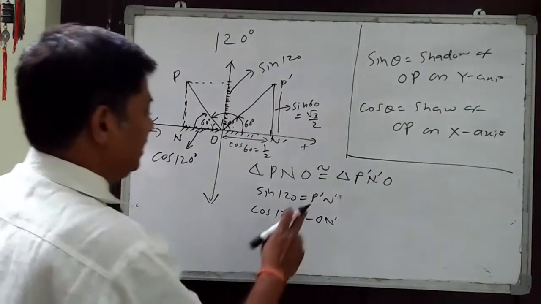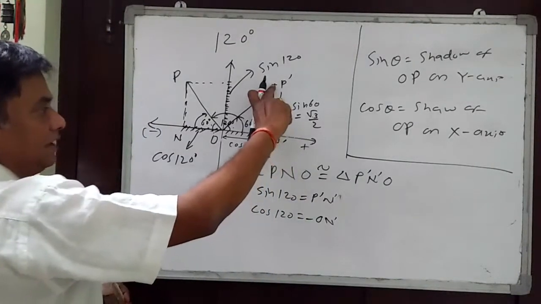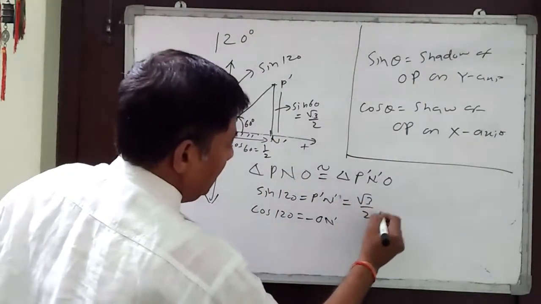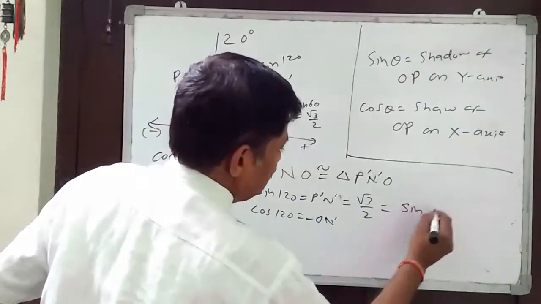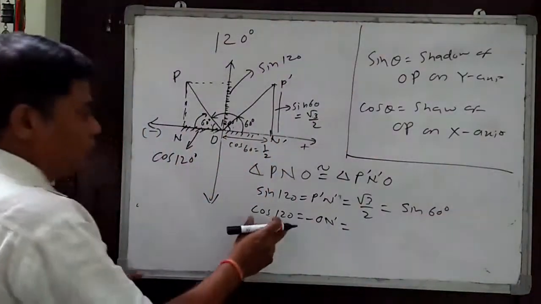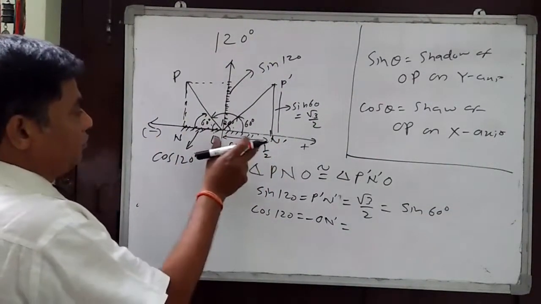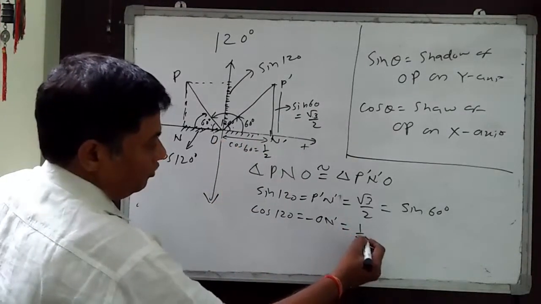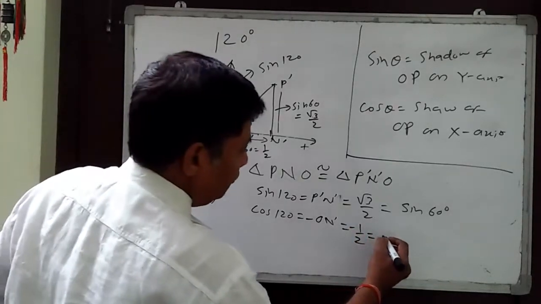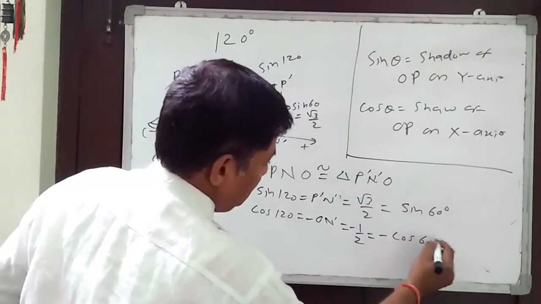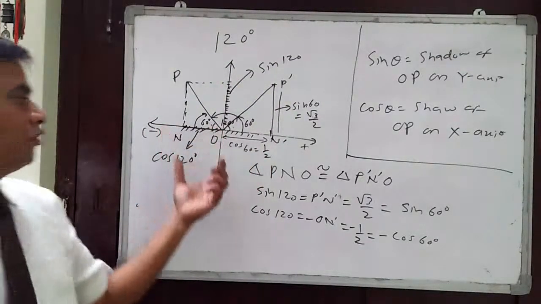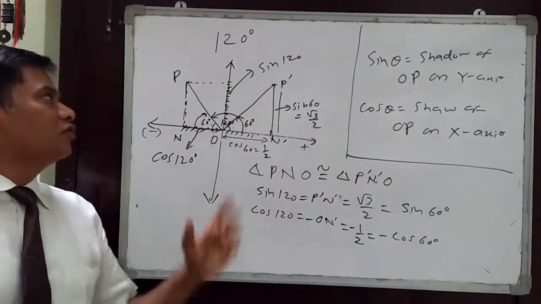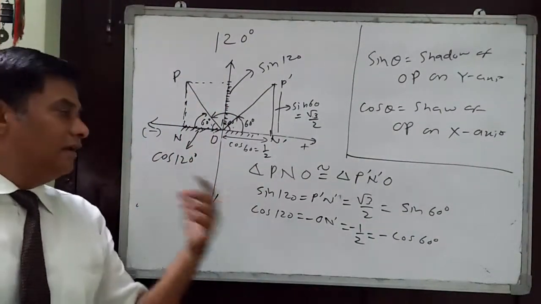So sin 120 will be P dash N dash, that means this much length, this is the shadow, it will be equal to root 3 by 2 and it is also equal to sin 60, whereas cos 120 is equal to negative of ON dash which is cos 60, it is 1 by 2, that is equal to minus of cos 60. So using the shadow of revolving line concept, we can determine the trigonometric ratio of any angle which is greater than 90 degree.